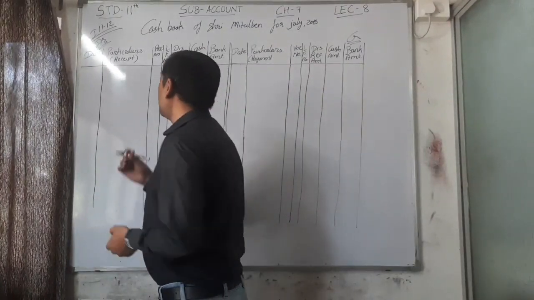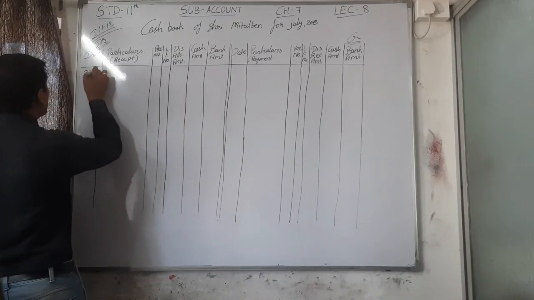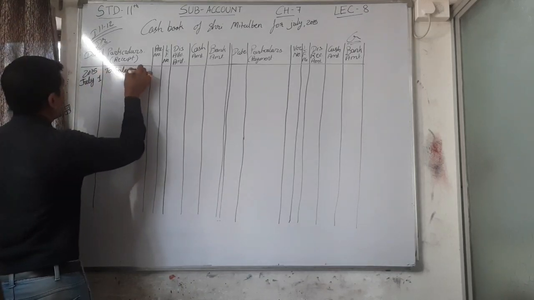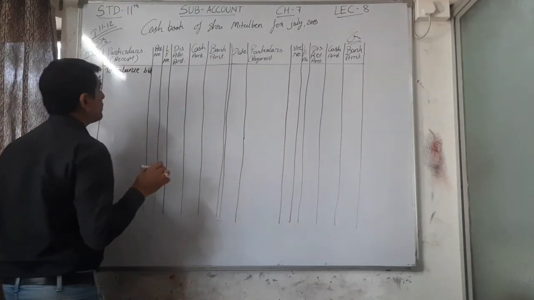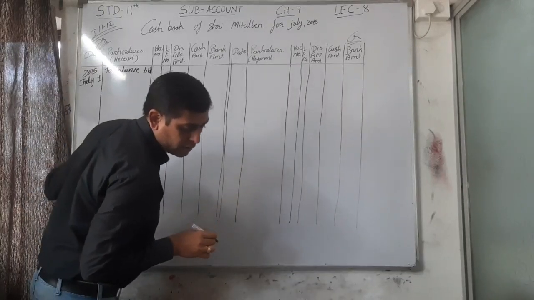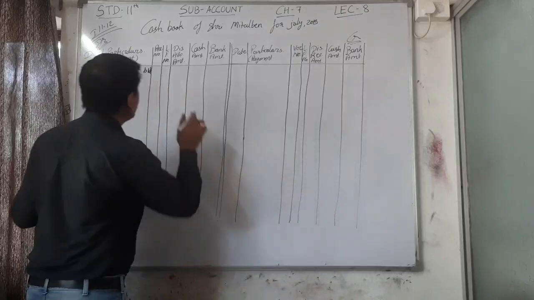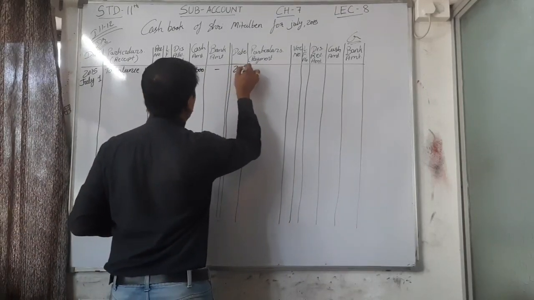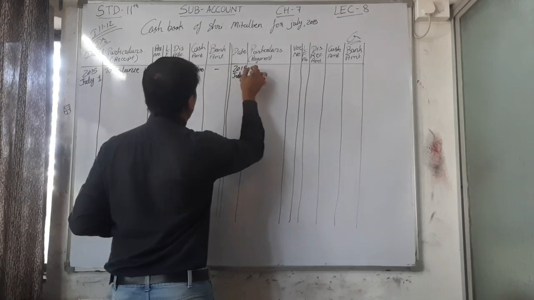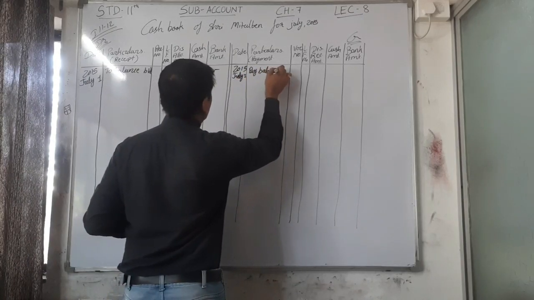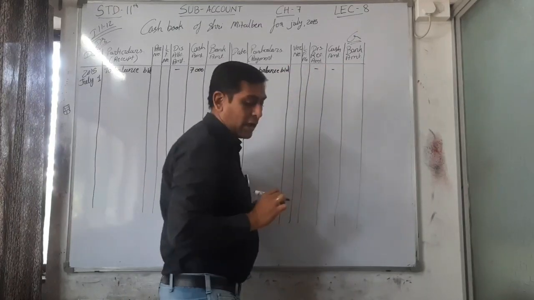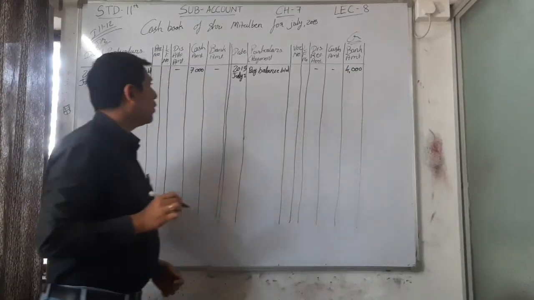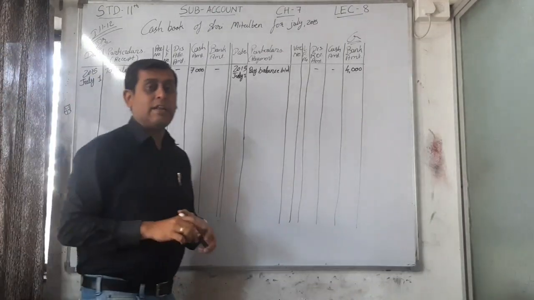So on the debit side, to balance, in the cash column the amount is 7,000, and on the credit side, July 1st by balance, in the bank column, because it's a bank overdraft, the balance is 4,000.